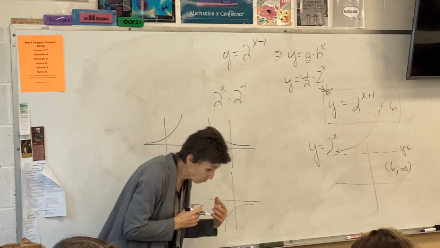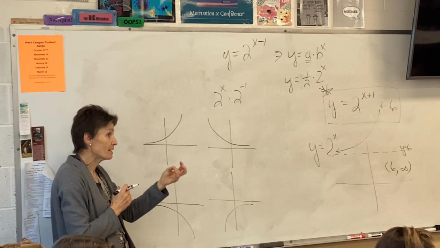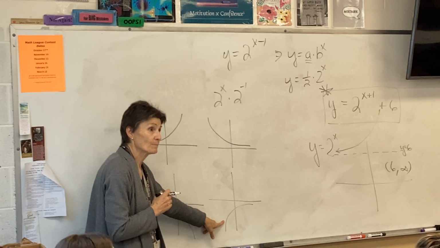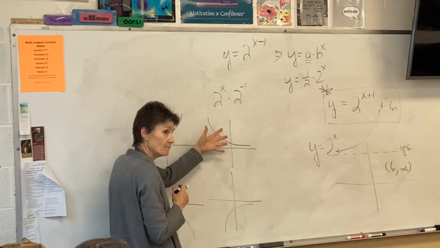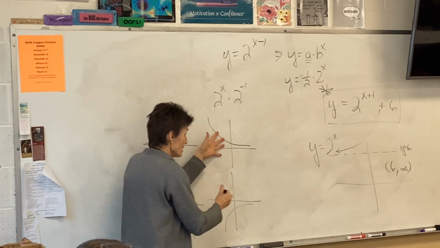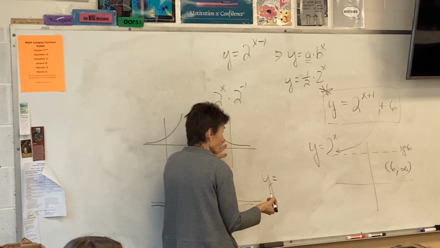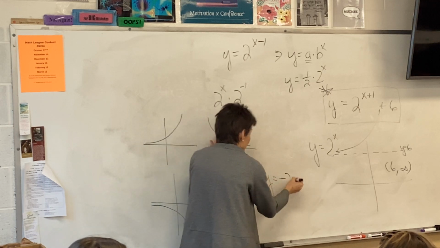So do I have one up here that is increasing and concave down? Is that right here? Who is the flip of this one? So when I write my equation, it has to have a negative, something, I'll just say -2, it doesn't matter.